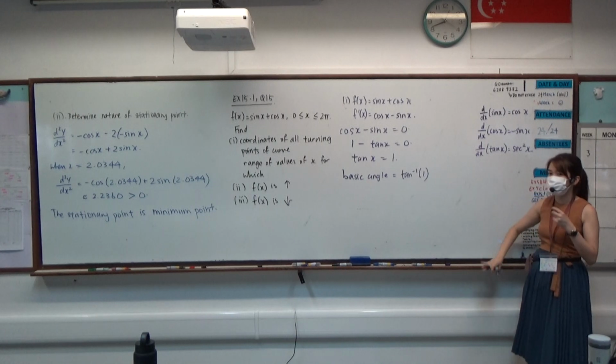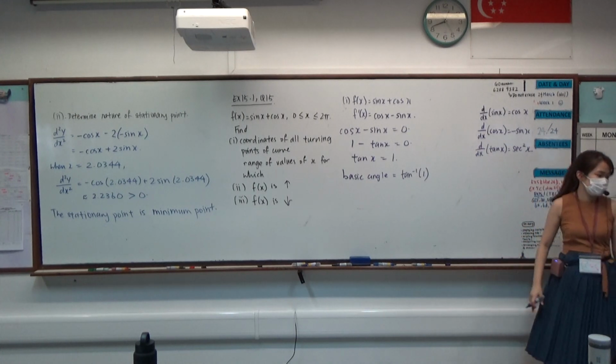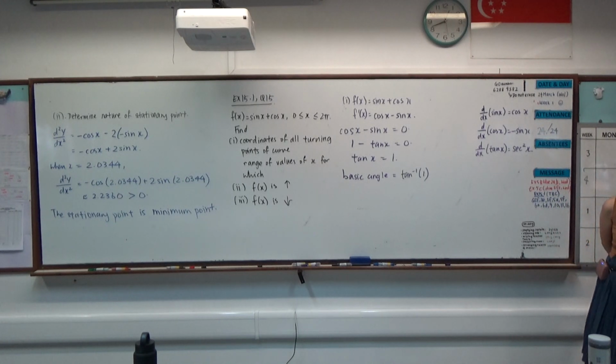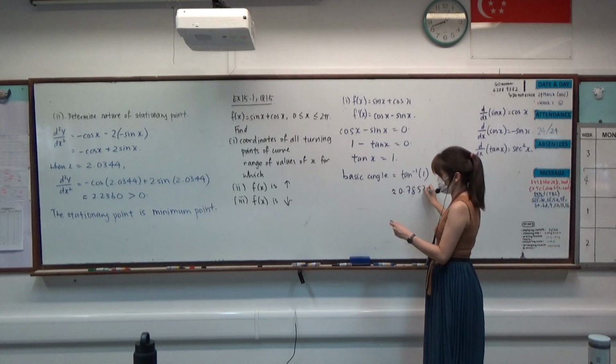Isn't this how we find the basic angle? Right? So on the calculator, it says 0.78539. The rest of you follow, right? That is how I get 0.78539.